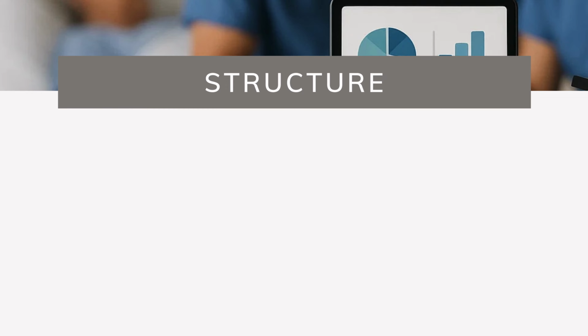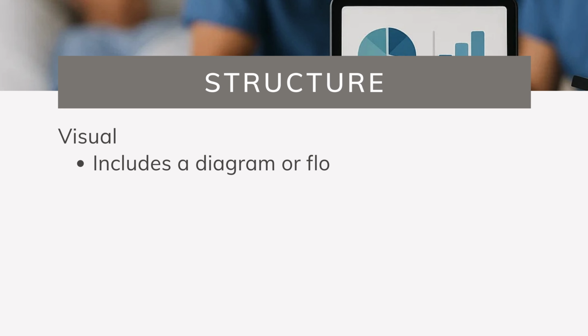Let us now discuss the structure of a conceptual framework. It can take both visual and narrative forms. First, let's start with the visual component. The visual form includes a diagram or flowchart and often takes the form of boxes and arrows.